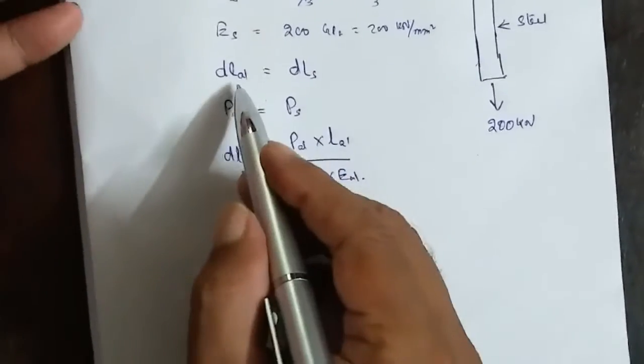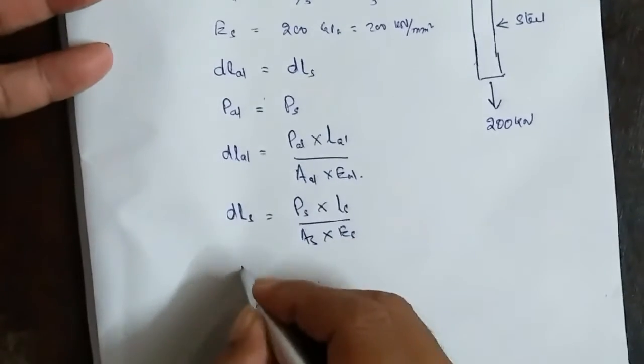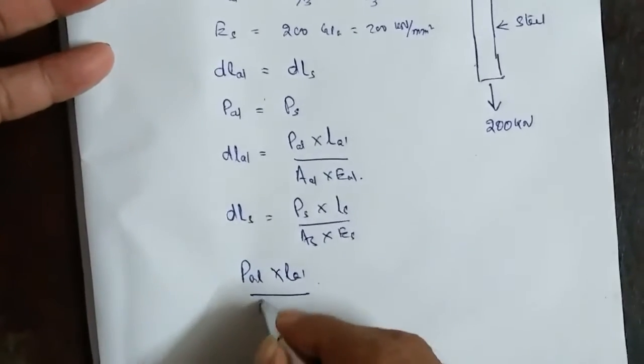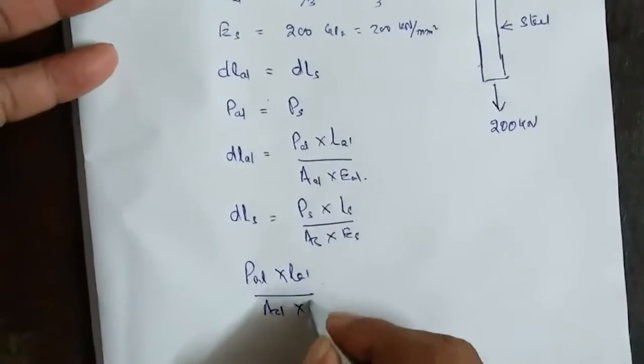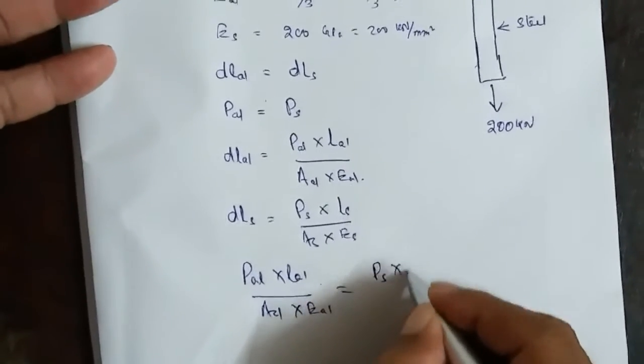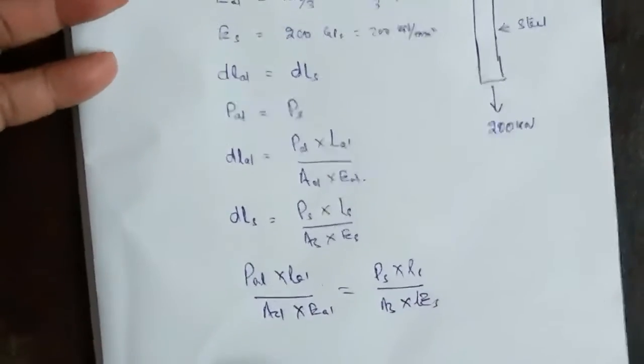Now according to the question, DLA and DLS are the same, so these two will be equal. So PA LA by area of aluminium and Young's modulus of aluminium should be equal to PS LS by AS ES.